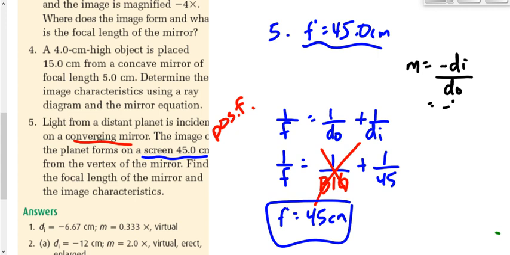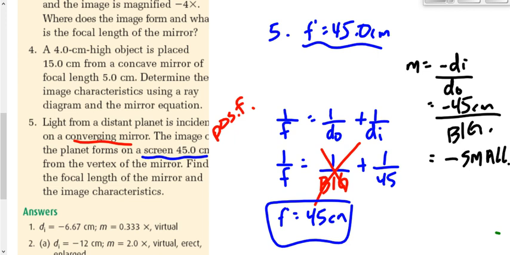Oh, negative 45, right? What's do? Really, really big. So negative 45 over really big is? Negative small. So what does that tell you, the fact that m is negative small?